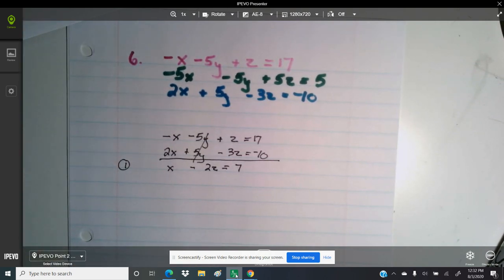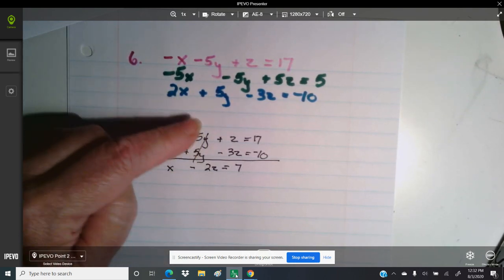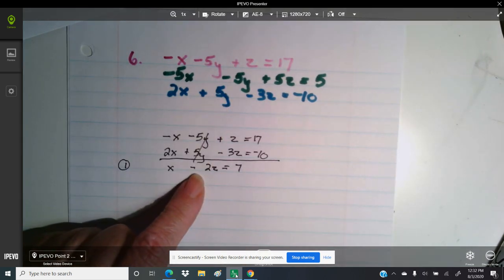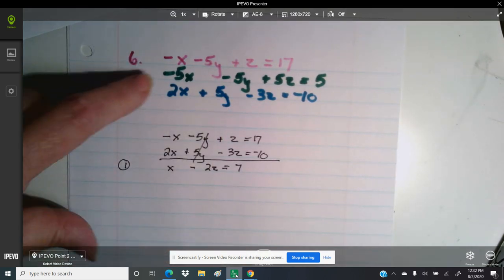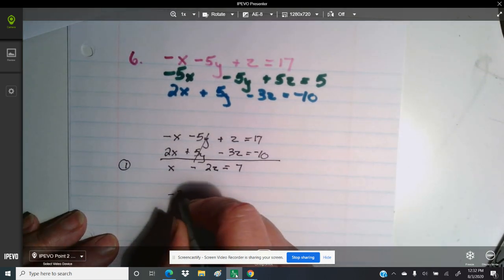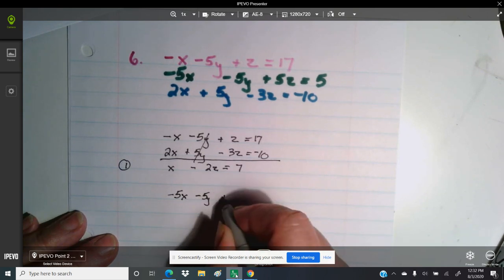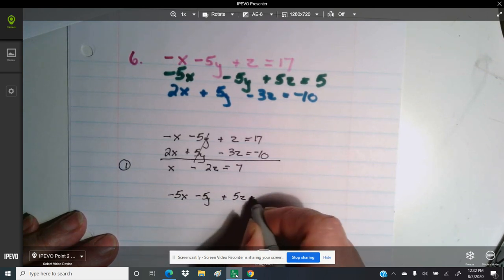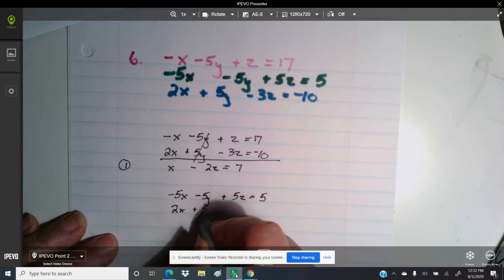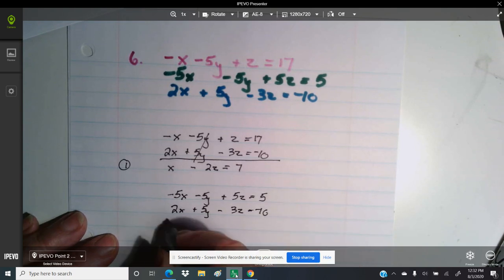I have to continue using two other equations in order to also eliminate this y value, in order for me to have two equations and two variables. So now I'm going to use the green and the blue equation. So I'm going to say minus 5x minus 5y plus 5z equals 5, and 2x plus 5y minus 3z equals negative 10.